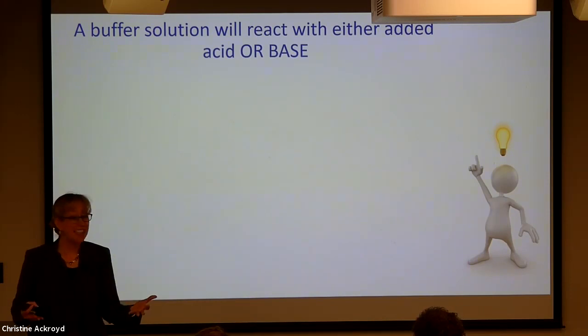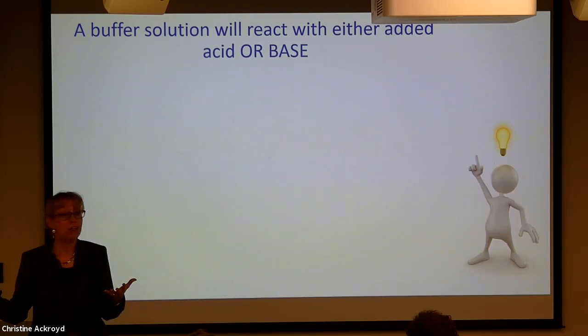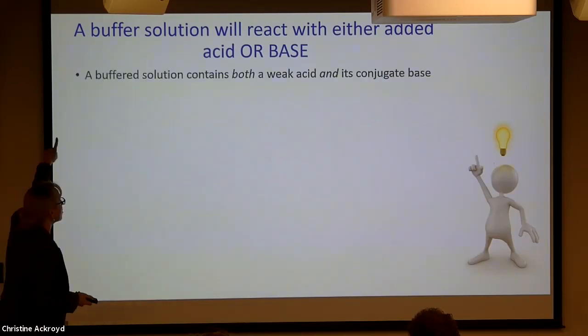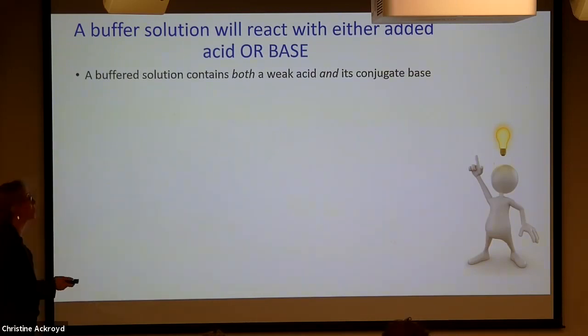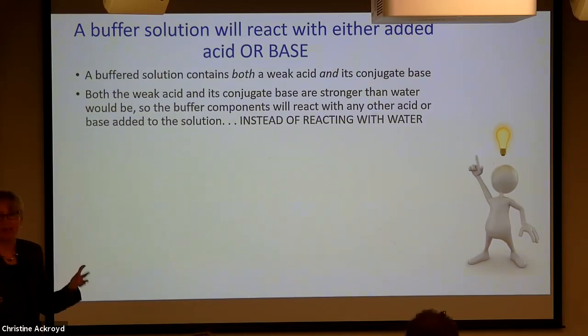Okay, when we put a buffer pair into the solution, what we're adding is a decoy. Anything that's acidic or basic will react with the buffer instead of with water. Okay, so the buffer contains both a weak acid and a fairly reactive conjugate base. So anytime we add or happen to have something that's acidic or basic that mixes with the buffer, it's not going to react with water, it's going to react with the buffer instead.